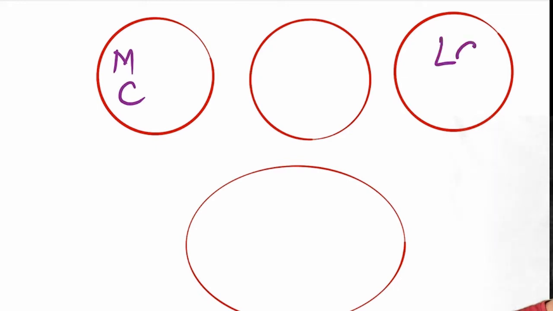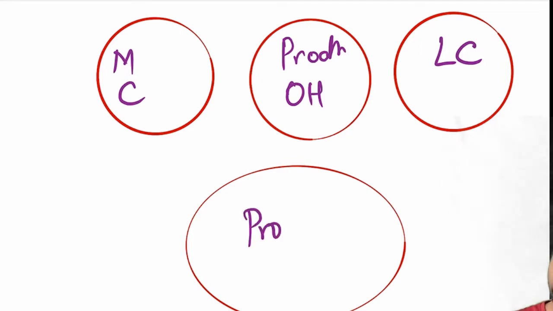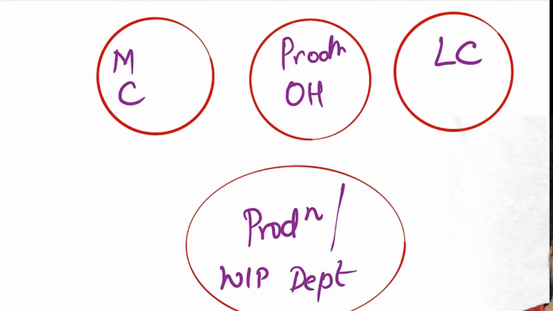Then I have labor control. Then I have production overheads. Then the last one is my production, or I call it the WIP department.